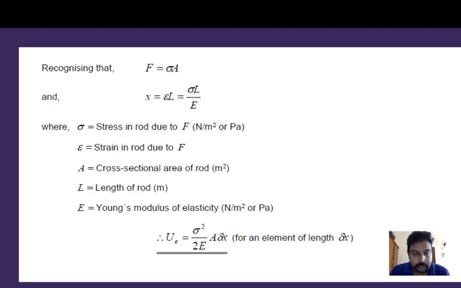Since we have equated the extension as epsilon L, the equation is half Fx. So you can multiply half by sigma times A, and also by sigma L divided by E. By taking the multiplication, we get half sigma squared over E times A delta x for an elemental length.